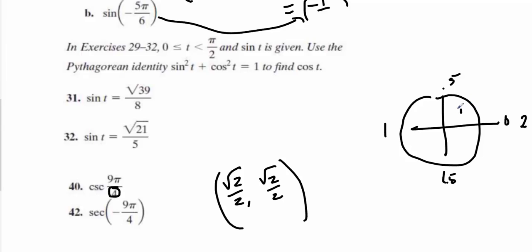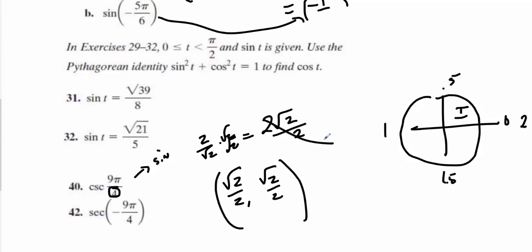And so 9 over 4 is a little bit bigger than 2. So I know I'm in quadrant 1. If I'm looking at cosecant, I know cosecant is the reciprocal of sine, so this is going to be 2 over square root 2 multiplied by square root 2. And so I get 2 square root 2 over 2, which the 2's would cancel. And so this would just equal square root 2 for number 40.